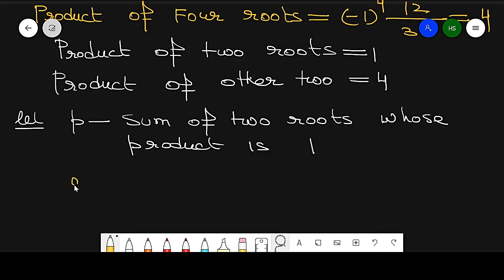Similarly, Q is the sum of the two roots whose product is 4.